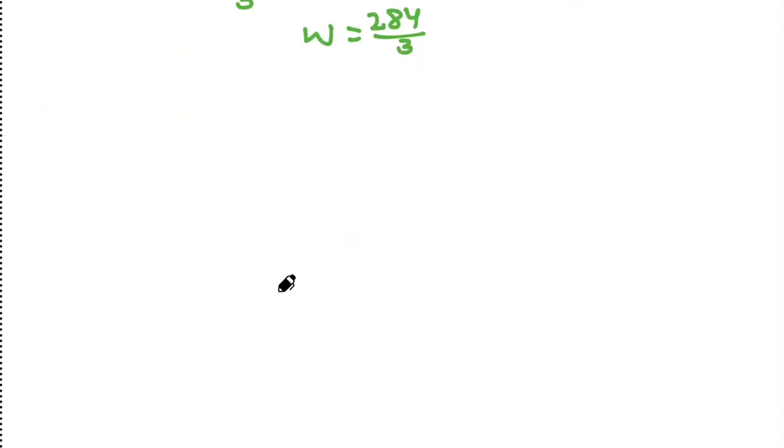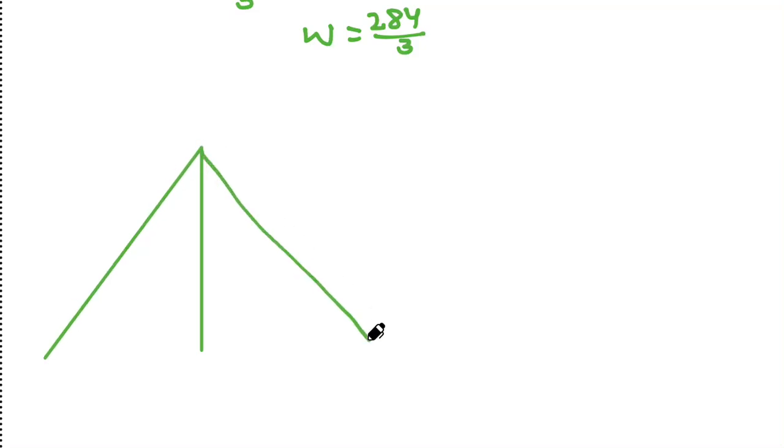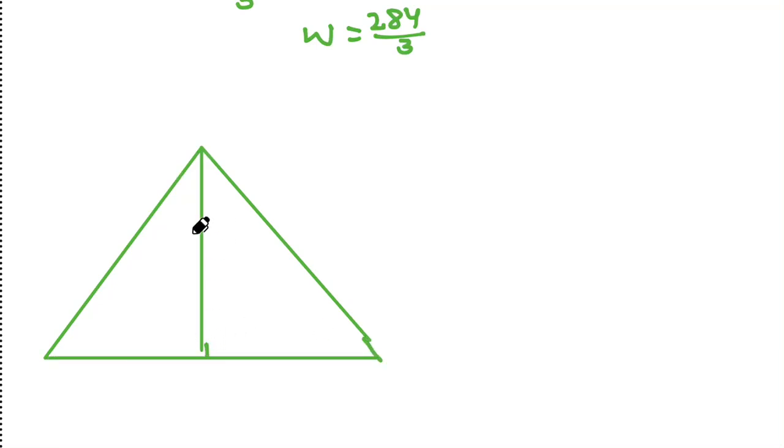So if this is inside, that is only related to the equilateral triangle. Every angle is of 60 degrees. If it bisects the sides, it also bisects the angle. So if this whole angle is 60 degrees, this will be 30 degrees.